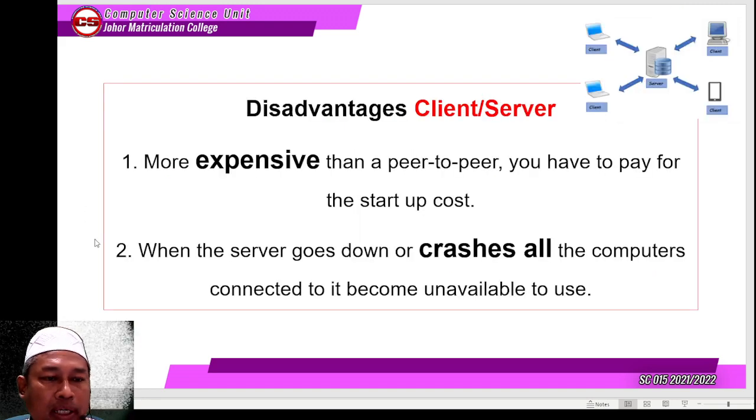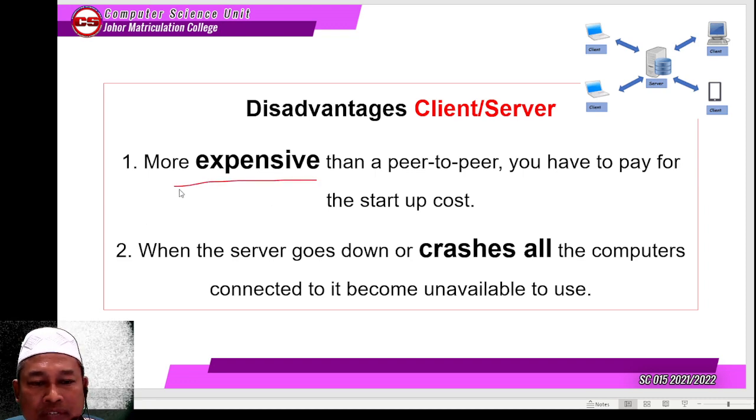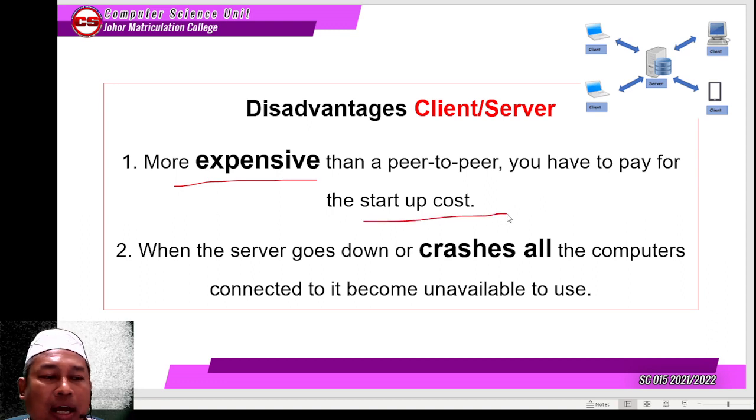Jadi itu kelebihan peer to peer. Tetapi jangan lupa kita kekurangan peer to peer dan client server. This is a disadvantage for client server. Number 1, client server is more expensive. Why expensive? Because when you start to connect your network layout, you must have a server.